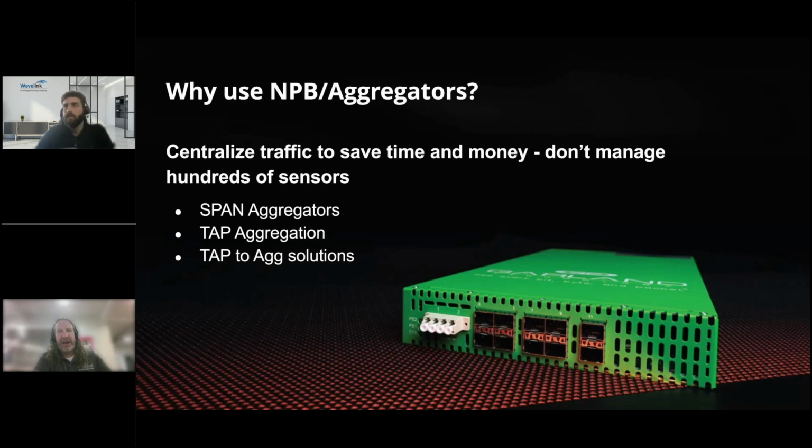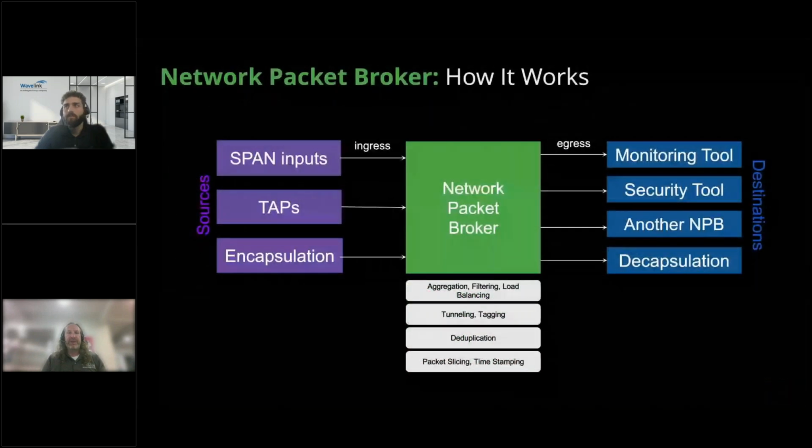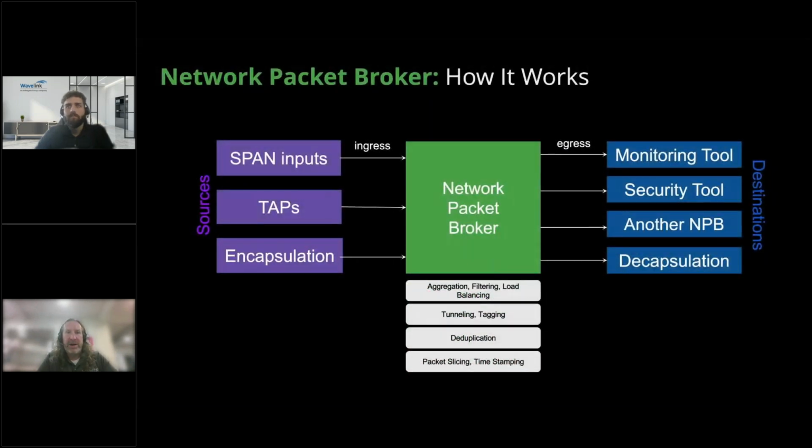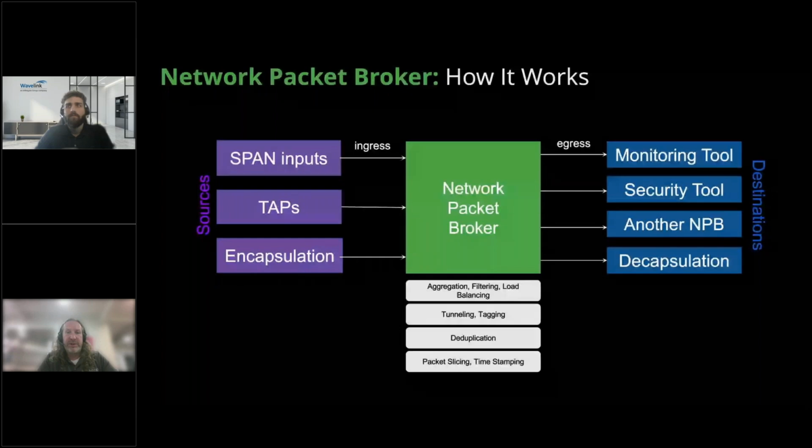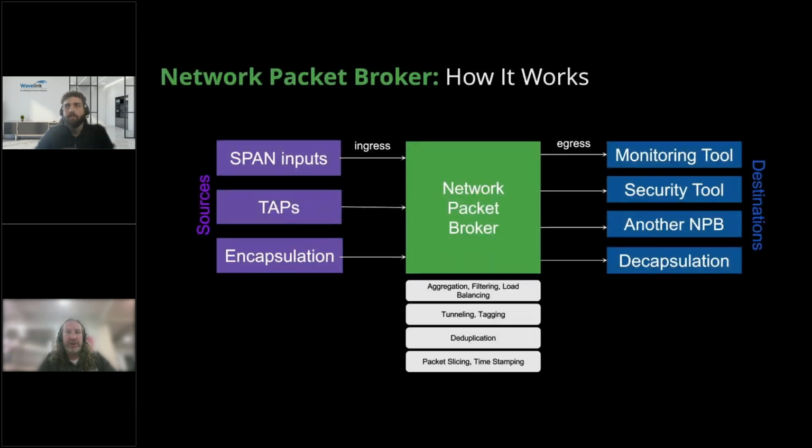We can do aggregation, and then we can home run that back to the main distribution frame where your security sensors are sitting. Now we bring all the traffic in, we centralize it, and we can load balance it to your security tools to provide even more resiliency.